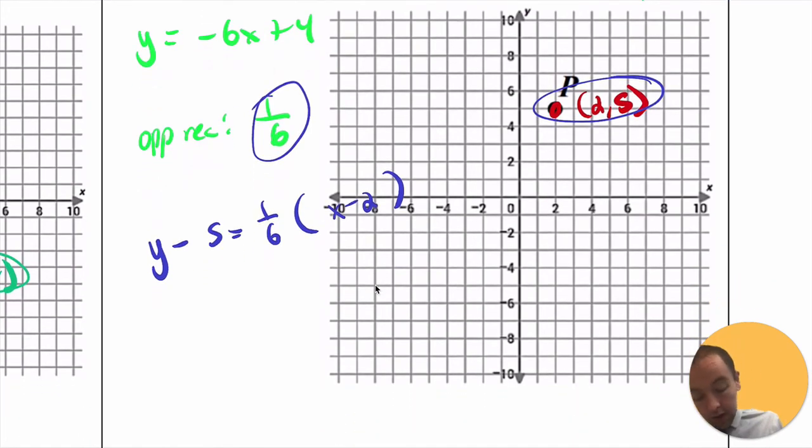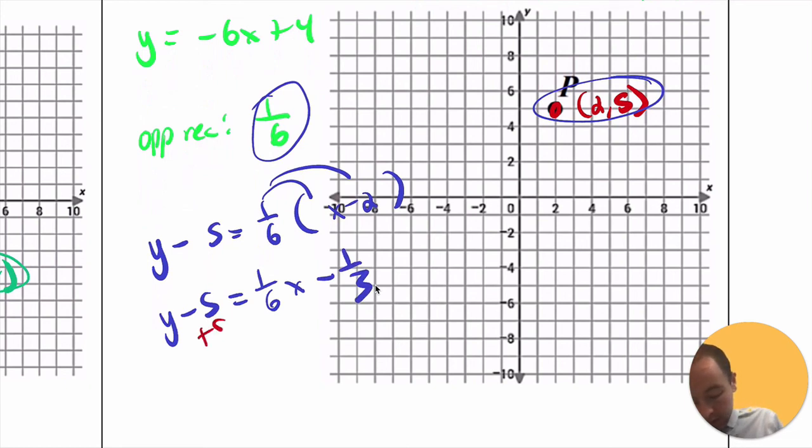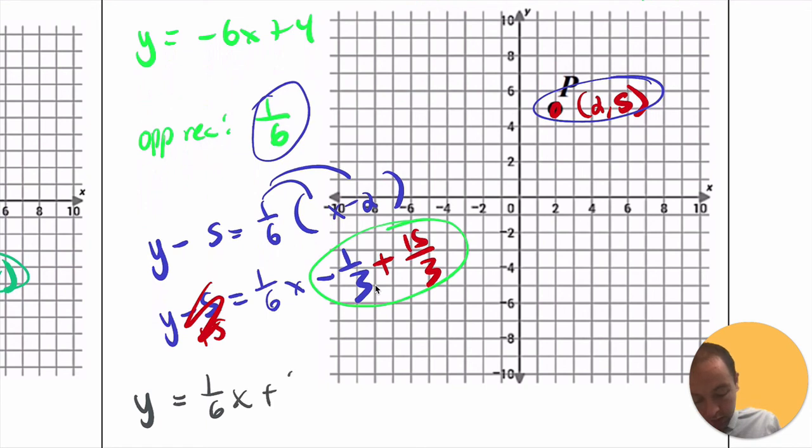Just solving this, we would have y minus 5 equals 1/6 x, and then that would be negative 2/6, which reduces down to negative 1/3. Then if you add 5 to both sides, I'm going to change 5 into thirds, which is 15 thirds. When we add those together, that's going to turn out to be 14 thirds. So we get an equation in slope-intercept form, which would be like this in its finalized form.